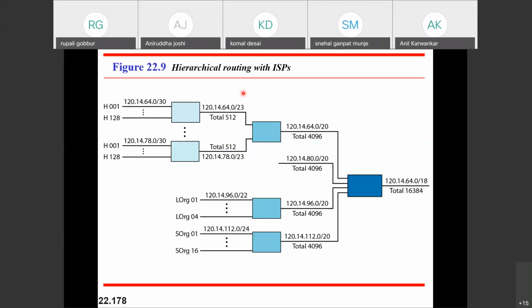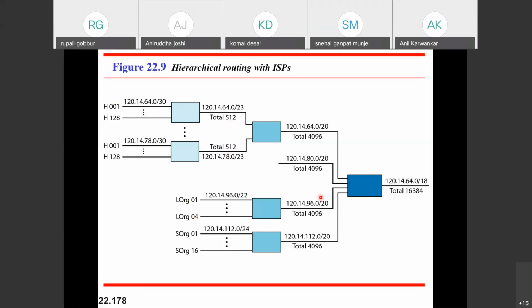All these entries, it's not at all possible to keep, so it will just maintain this particular configuration. This hop will maintain the IP addresses of 512 devices. This will maintain for 512. This will be another organization. This will be another organization.